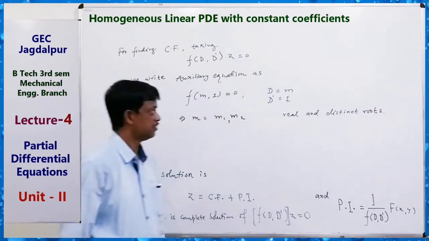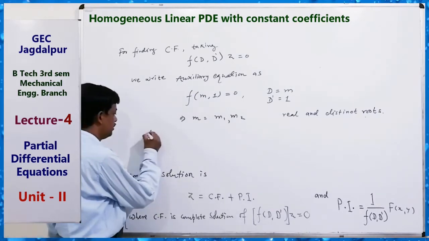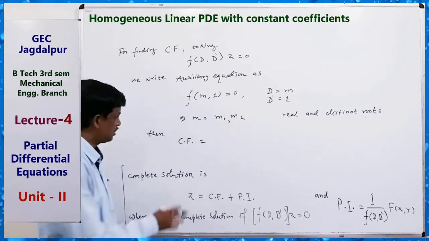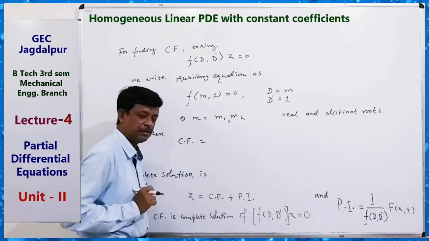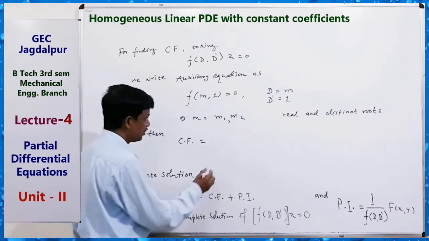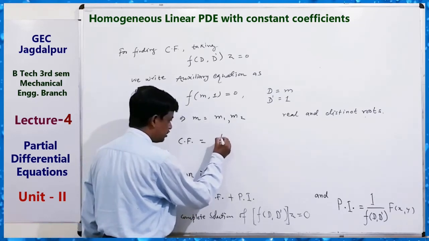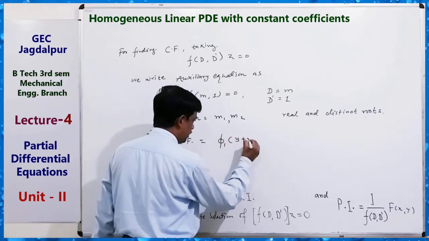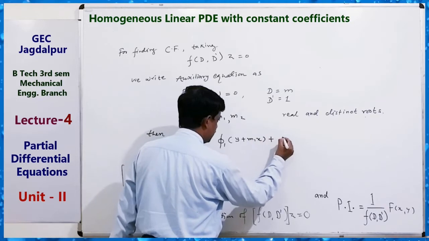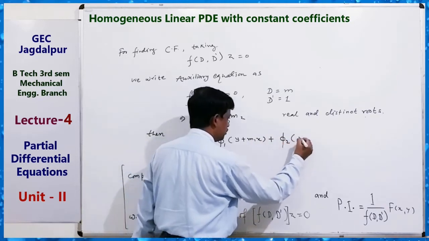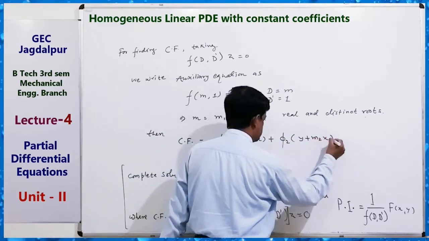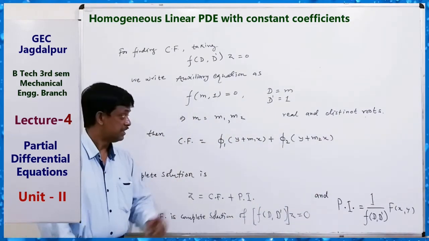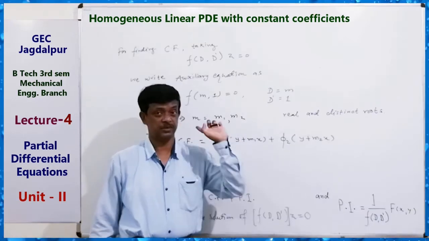Then CF, suppose there are two roots, then we can write the complementary function as an arbitrary function phi 1 of y plus m1x and phi 2 of y plus m2x. We can write like this. Clear? Real and distinct roots.